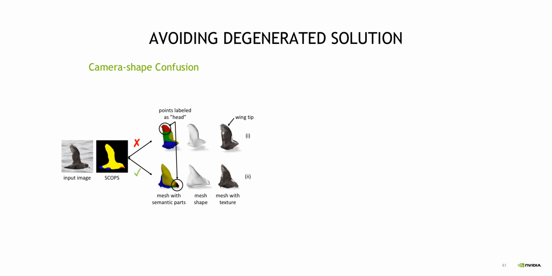If we simply predict camera and shape jointly, the part correspondence actually provides a way to resolve this kind of degeneration by providing an implicit regularization to the camera prediction. This is also similar to structure from motion, where we perform matching between different instances.